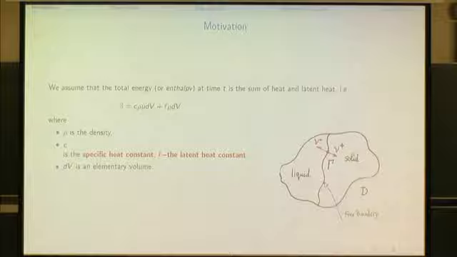Again, this is a cartoon picture which represents a clear, neat separation of two phases. Let's say you have two states. The first one is liquid, the second one is solid. Beta can be interpreted as the full energy, which is the sum of latent heat, this term here, and the heat. Latent heat is responsible for making the phase change.